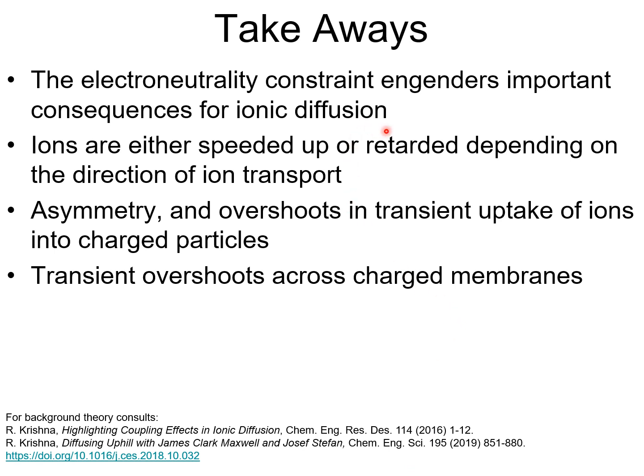The electro-neutrality constraint engenders important consequences for ionic diffusion. Three consequences are listed here. Ions are either speeded up or retarded depending on the direction of ion transport in order to maintain the electro-neutrality constraint.